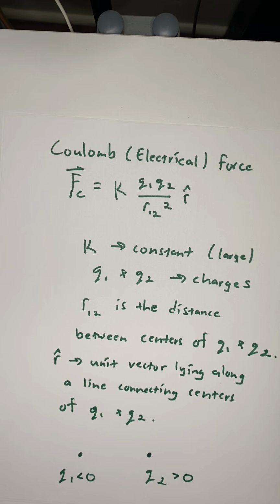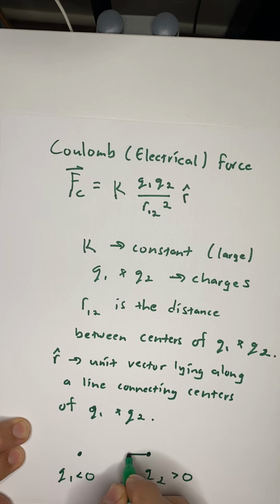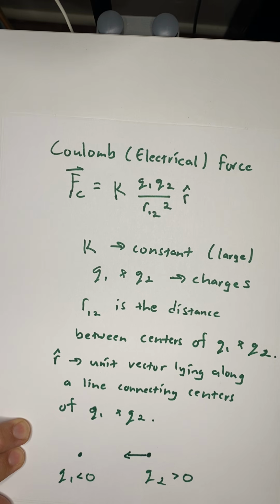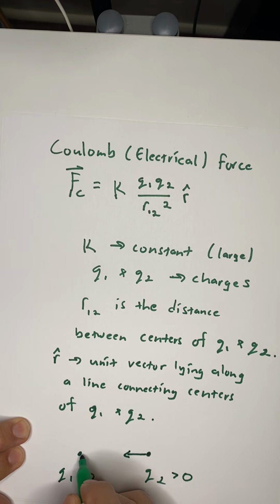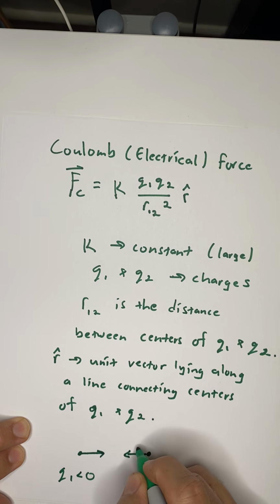Now, if these charges are opposite, we know that there is an attractive force, and so Q2 will feel a force directed towards Q1, like this. Q1 will feel a force directed towards Q2, like this. This is along the R hat direction.